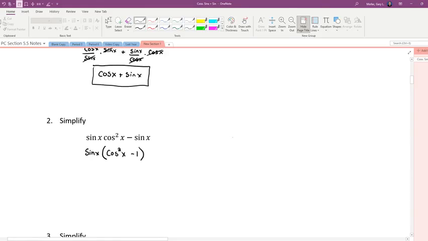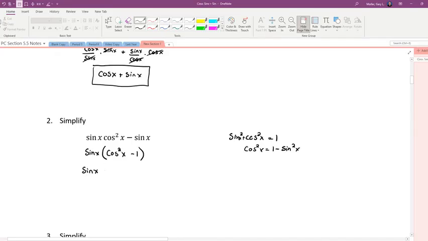And I, of course, know that sine squared plus cosine squared x equals 1. And so I think my best bet here is to make cosine squared x equal to 1 minus sine squared x, and then I'm going to substitute that in.